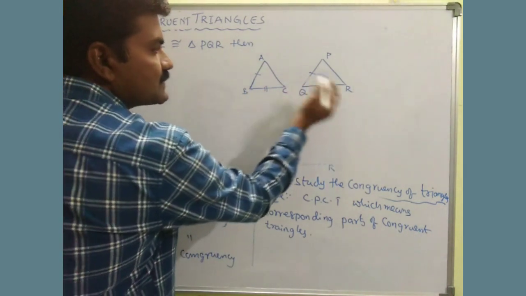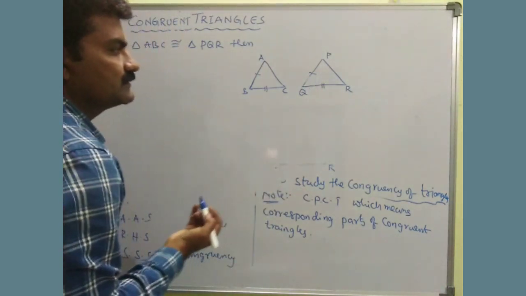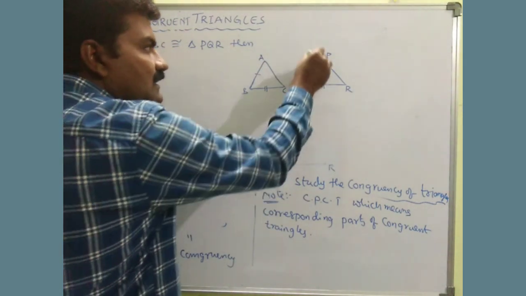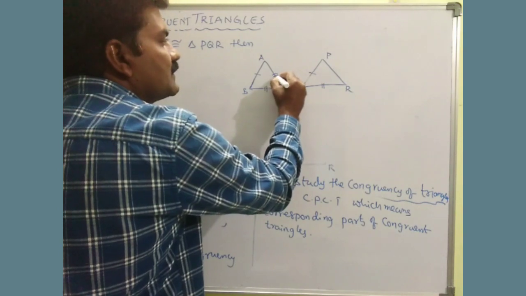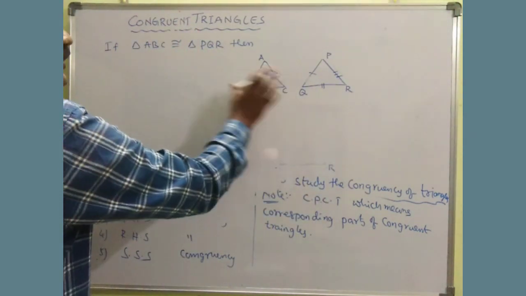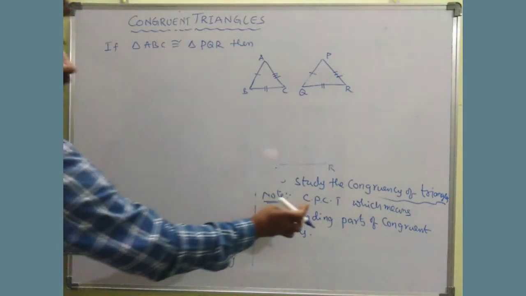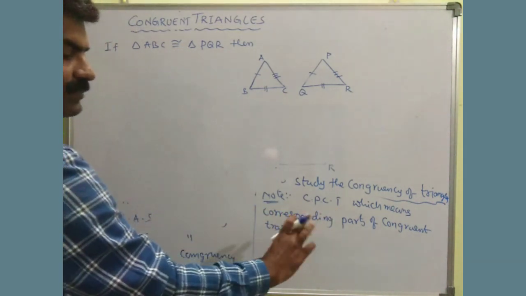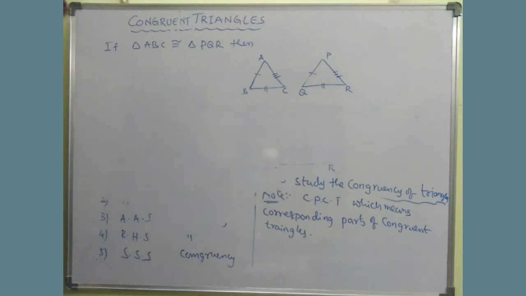BC, corresponding side will be QR, and AC, corresponding side will be PR. So if these two triangles are congruent to each other, then according to CPCT, corresponding parts of congruent triangles are equal.